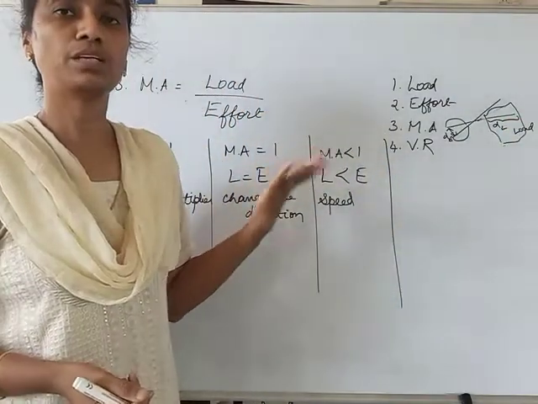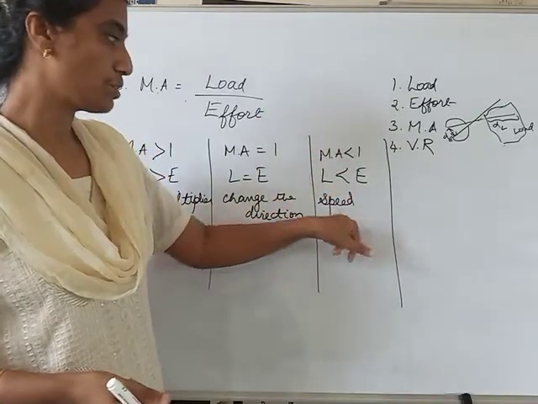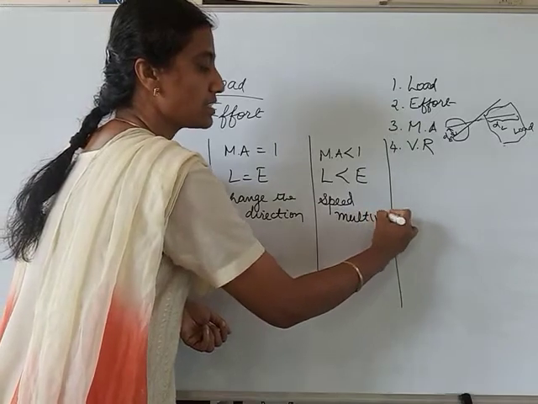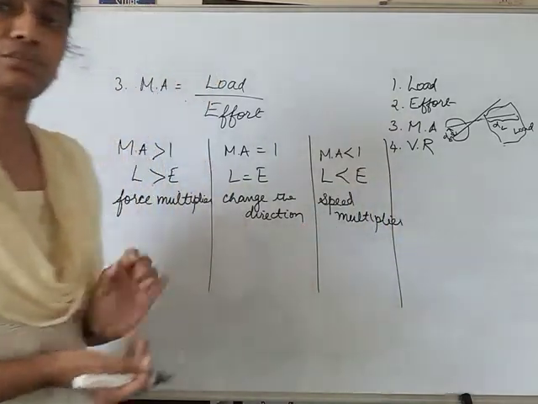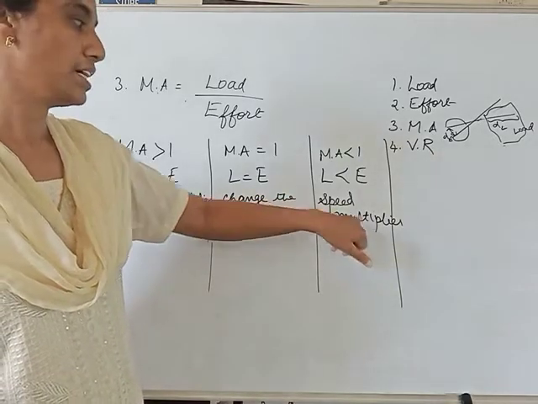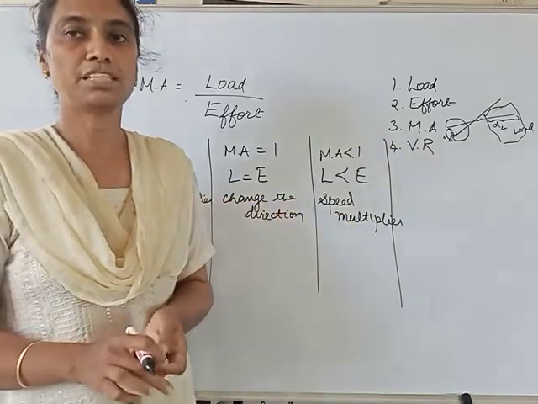That way my work will be faster. That kind of machine is called a speed multiplier. So a machine can be a force multiplier, it can be used to change the direction of force, and it can also be used as a speed multiplier.